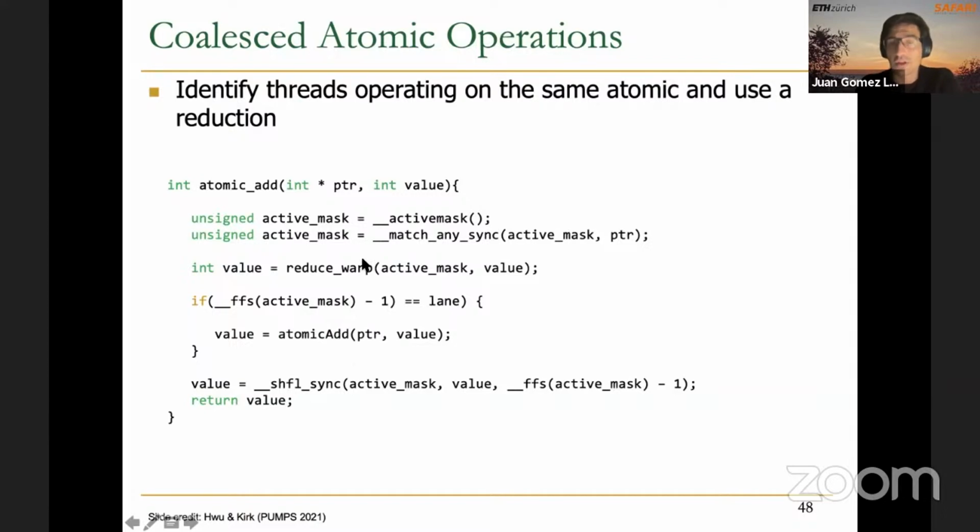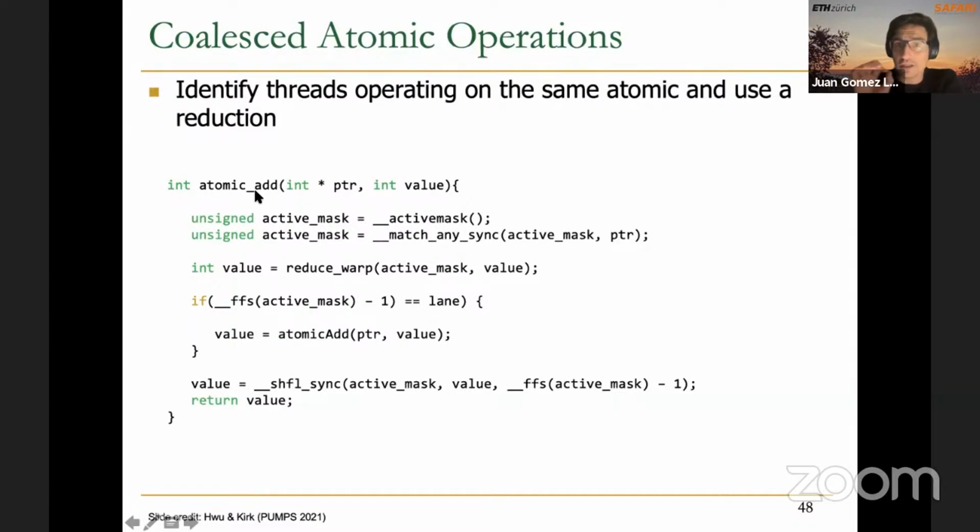If there are threads that share the same pointer and are here to update the same memory location, we can perform a reduction first and then use the atomic addition. This way, we reduce the number of atomic additions, and in the end, we reduce the serialization. Let me explain this code very briefly.